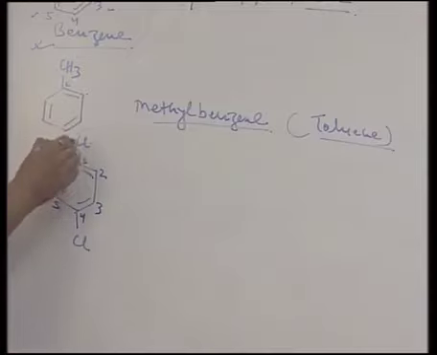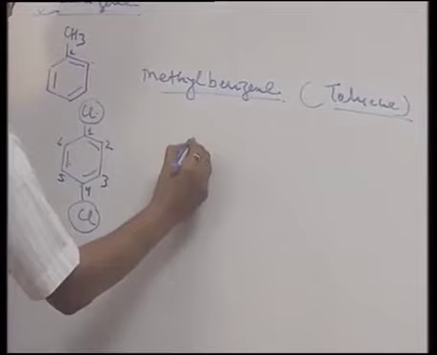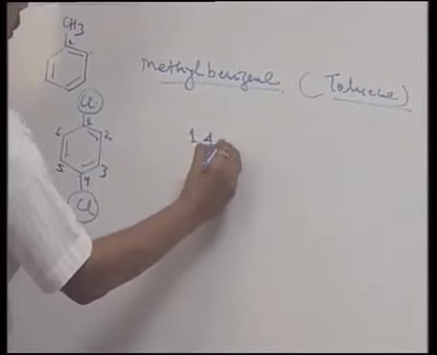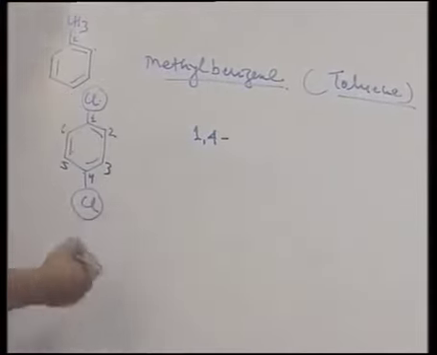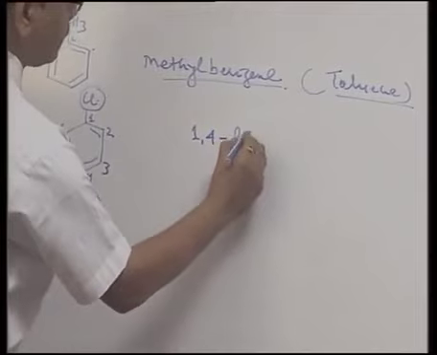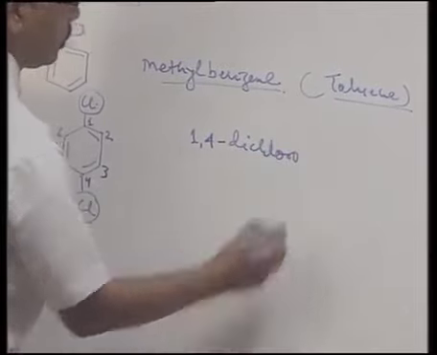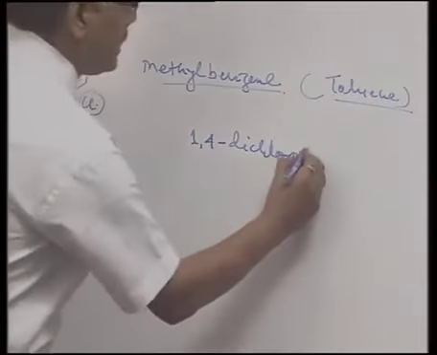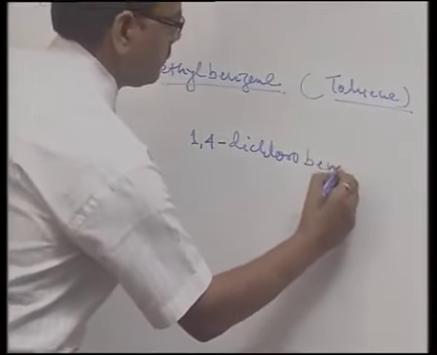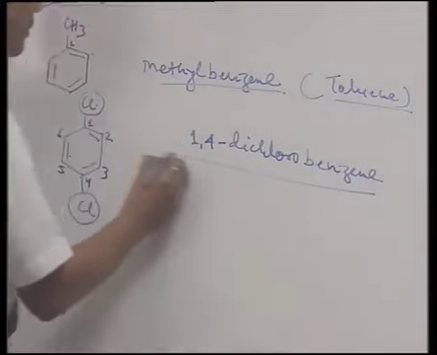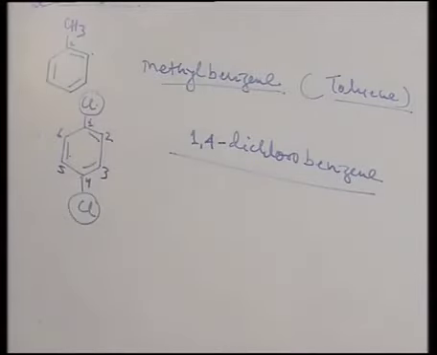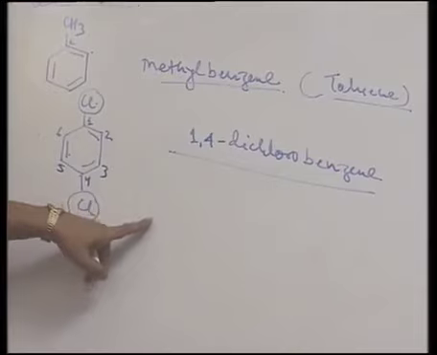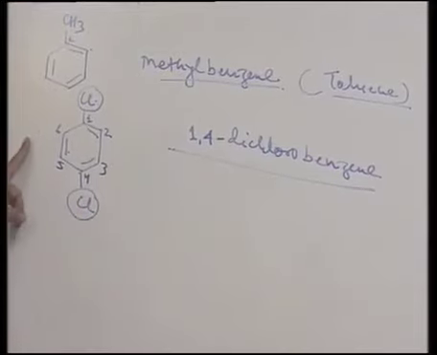As these 2 chloro groups are present at positions 1 and 4, first write the position, that is 1,4, then dichloro, and then the name of this compound, that is benzene. 1,4-dichlorobenzene is the IUPAC name of this compound.